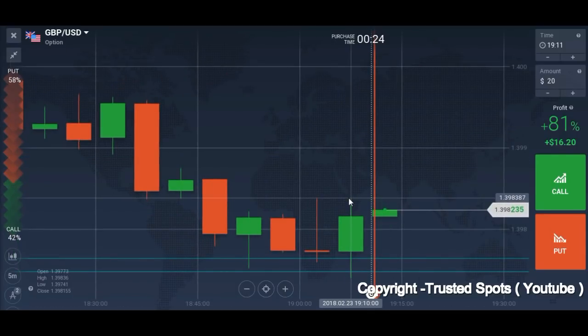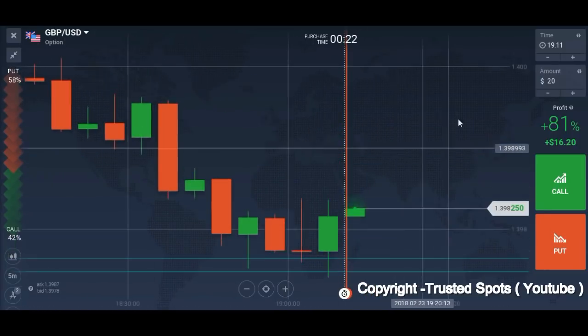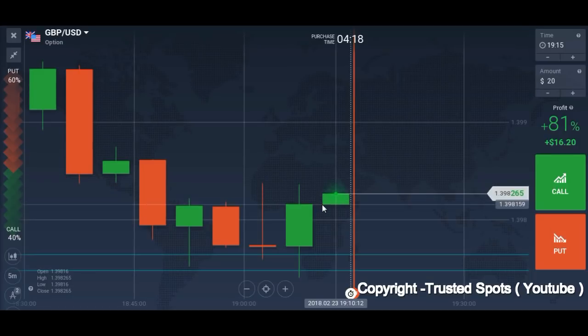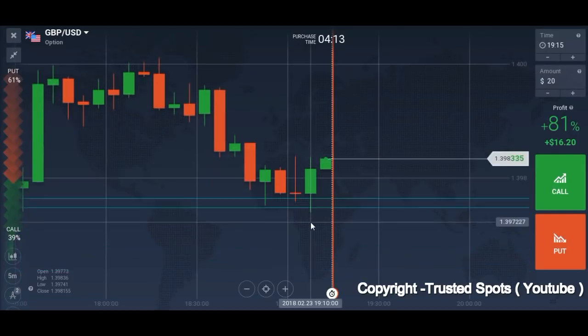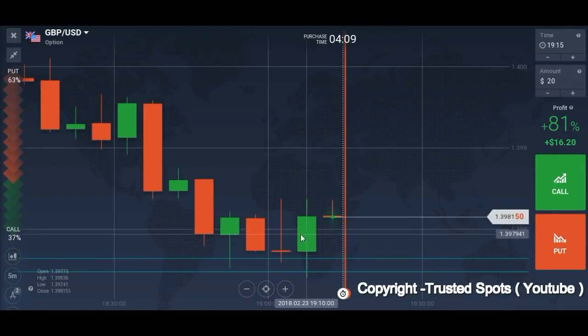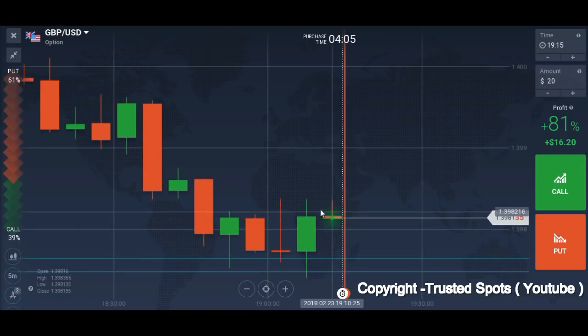So we can have a trading opportunity. Let me first increase the time so that our trade will finish with the end of this particular running candlestick. And now if you look carefully for the last three candlesticks, it is a sign that this is a reversal and the market will continue to go up.